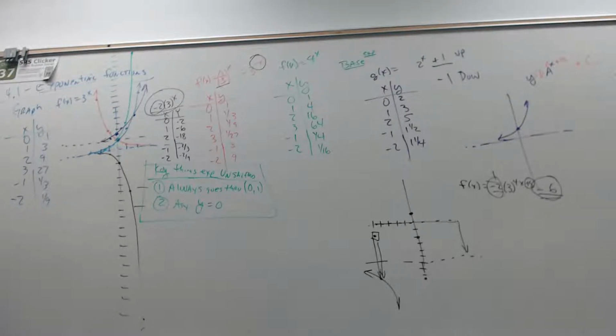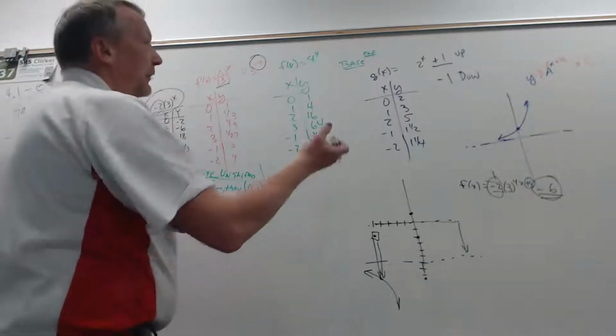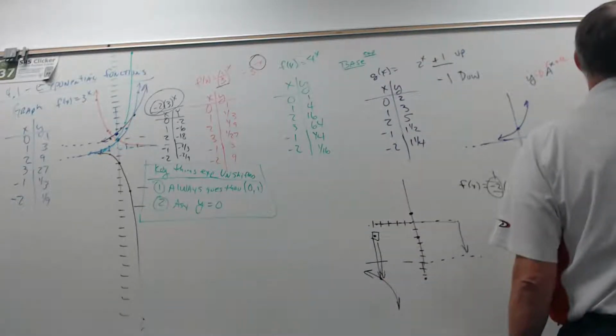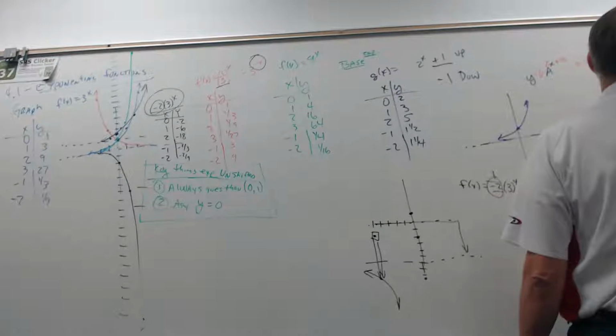The E just makes it steeper. Okay, then we're good. And if it's a fraction, what does the fraction do to it? It flips across the y-axis.